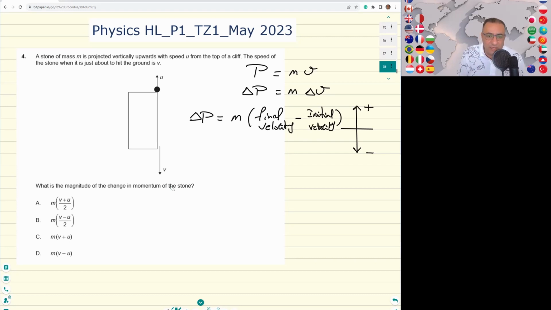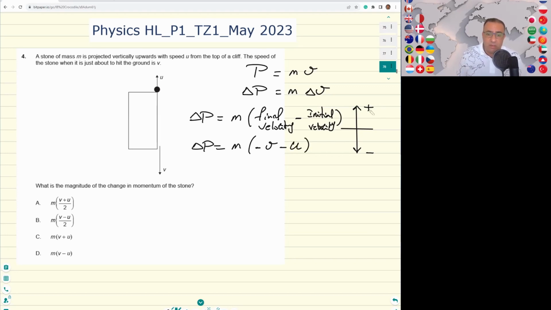Here the final velocity is v downwards, which means negative v according to this sign convention. So the final velocity is negative v. Then I put a minus, because it's the difference. The initial velocity is u upwards, and upward is positive, so the initial velocity is just u. So I'll say minus u.